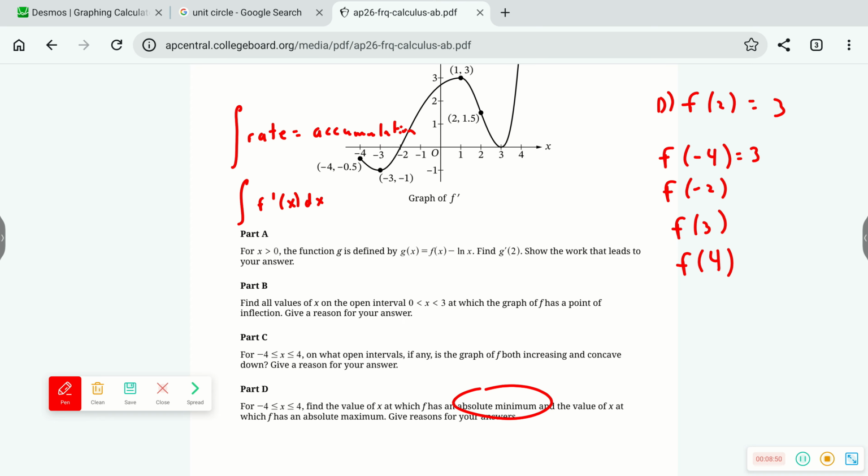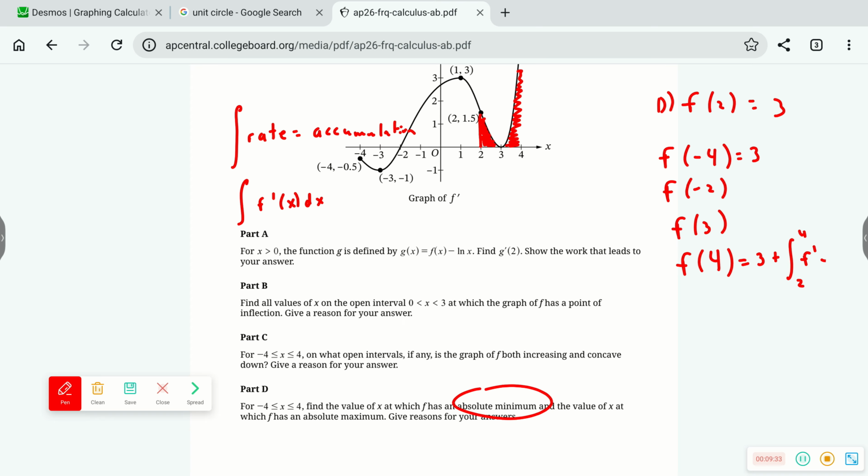Okay. So if f of 2 is equal to 3, think about what happens at this moment. I'm going to accumulate. I don't actually have a number here because we don't have f, but we can think about it. This is going to add a bunch. This is going to be way higher than 3. So at f of 4, it would be 3 plus what accumulated between 2 and 4 for f prime.